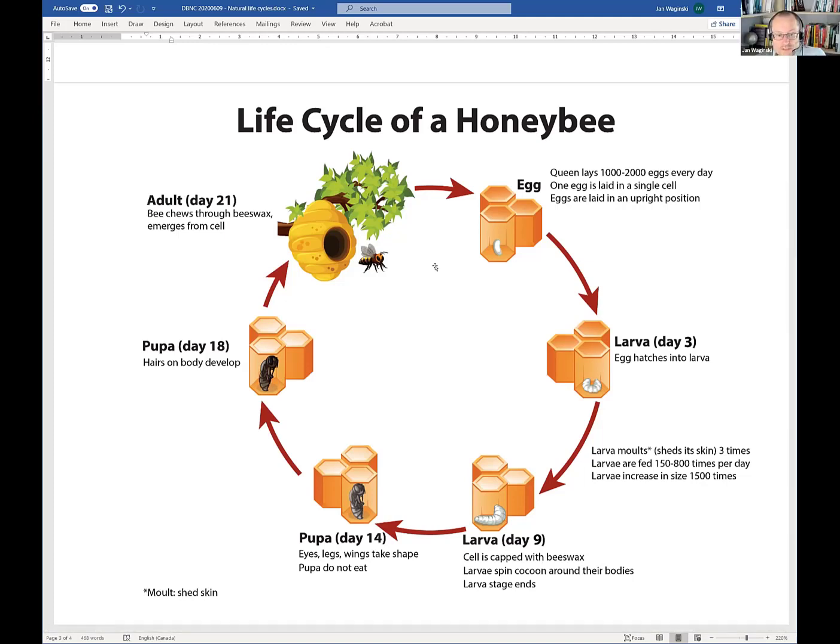Are these 6 distinct stages, or is there maybe a smaller way to group them? Pupa and larva? Well, how many? Maybe first 10 days and then second 10 days. Okay. Does anyone have any other suggestions for how to group this information?